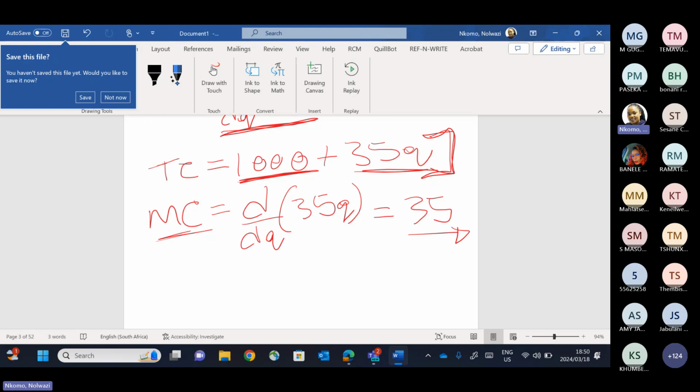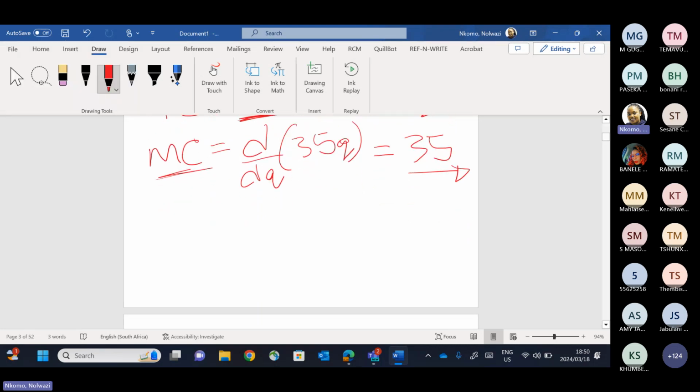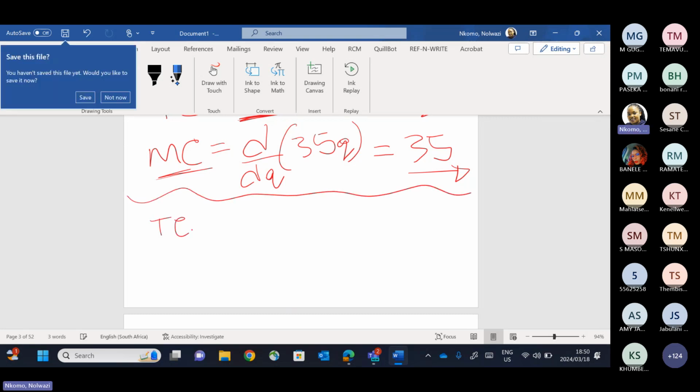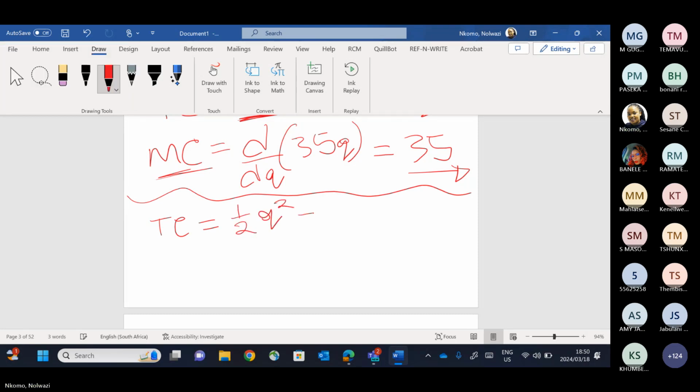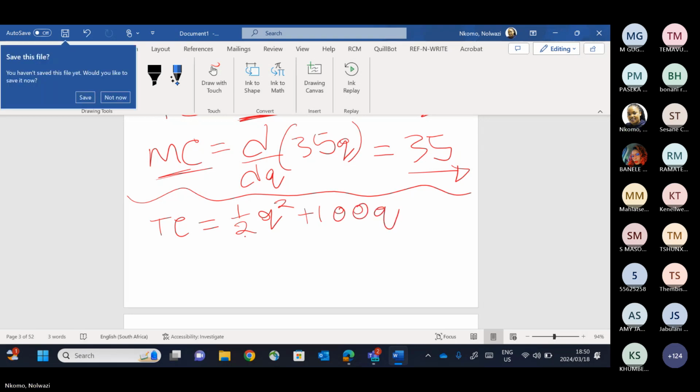Okay. Let's say now we are given our total cost as C equals 1/2 Q squared plus 100. Let's say we are told that this function represents the total cost.